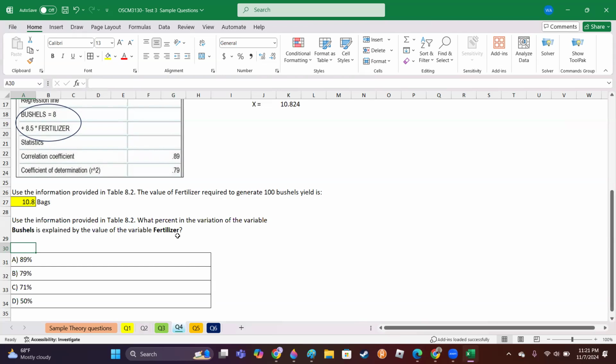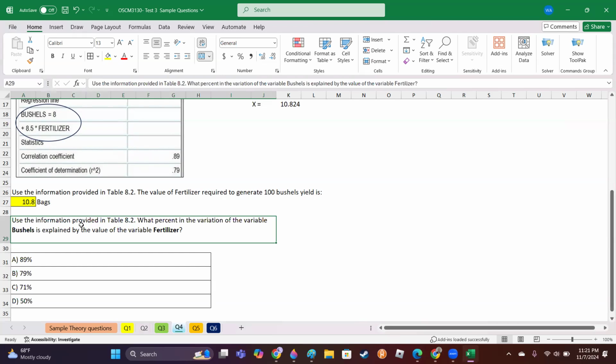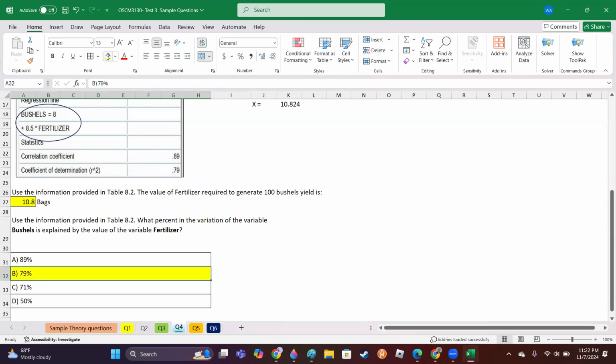Okay, so that requires you to know that this question is asking you for the coefficient of determination. Okay, and that's already given to us here as 79%. Okay, so 79% of the variation in bushels is explained by the amount of fertilizer that the farmer uses.